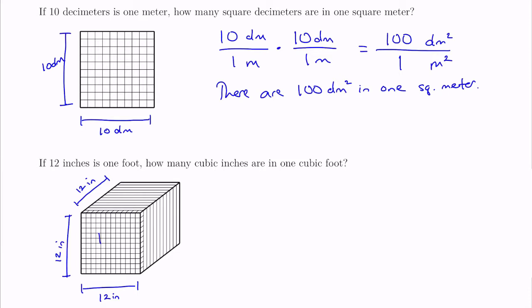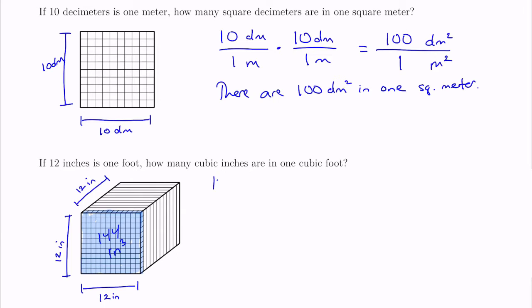We really on that front face have 144 cubic inches. And that 144 cubic inches is only one layer of a total of 12 layers, and so we would end up with 144 times 12 layers.